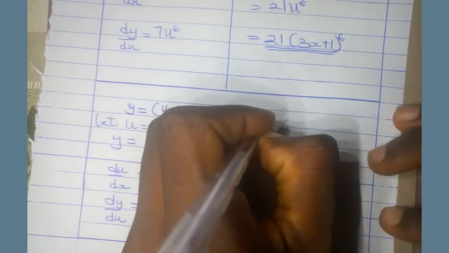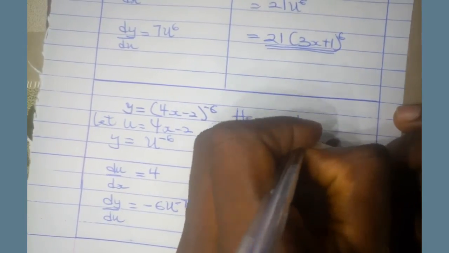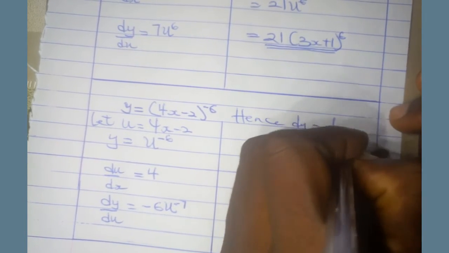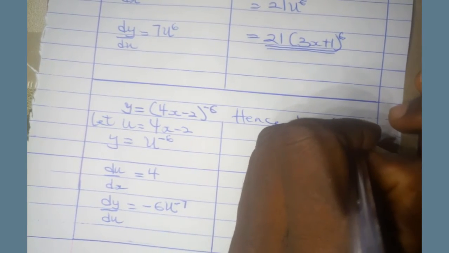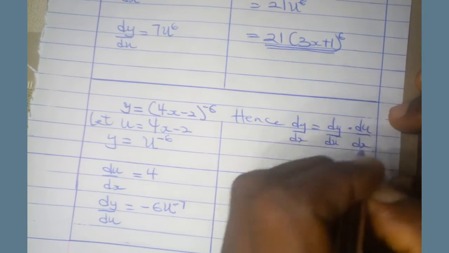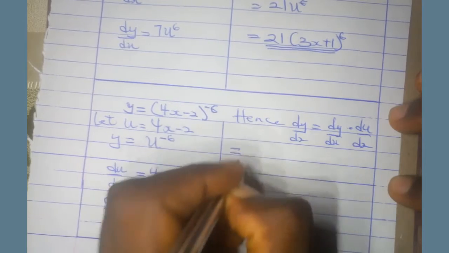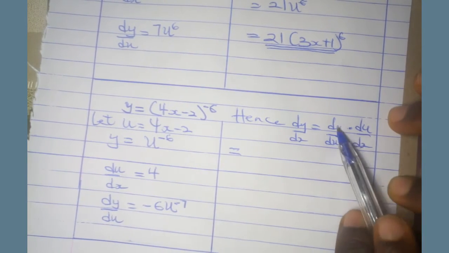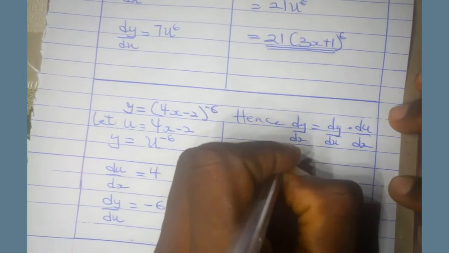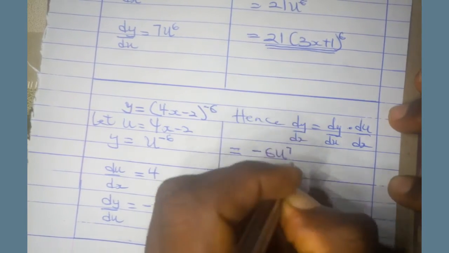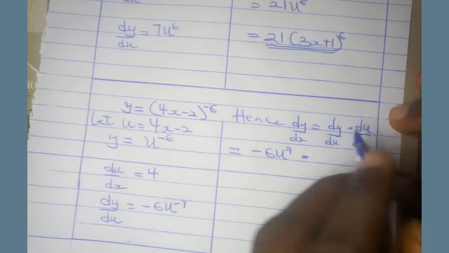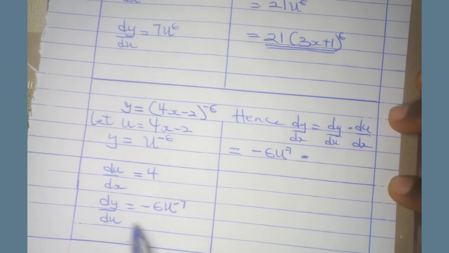Hence, dy/dx is equal to dy/du times du/dx. Good. So let's substitute. dy/du is negative 6u raised to the power negative 7, multiplying by du/dx. du/dx is 4.